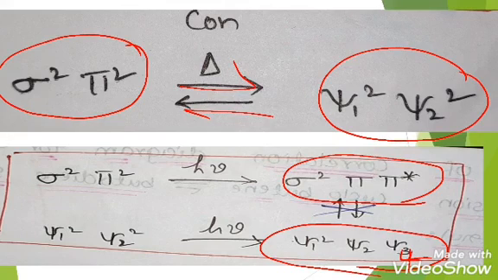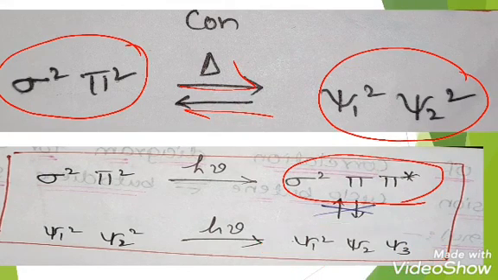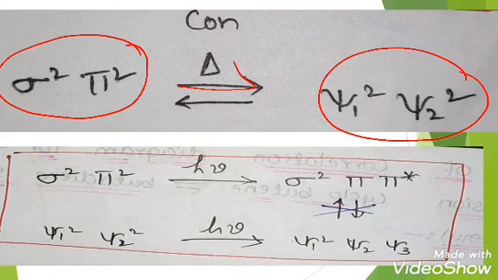That means the first excited state of cyclobutene does not correlate with the first excited state of the butadiene system. Hence, a photochemical conrotatory process in either direction is symmetry forbidden.